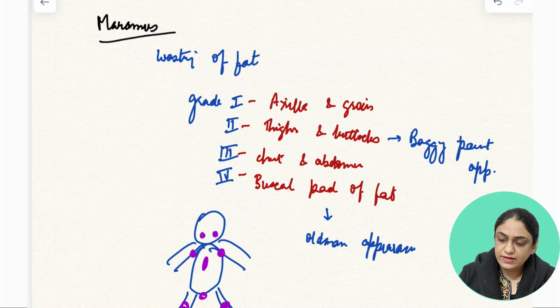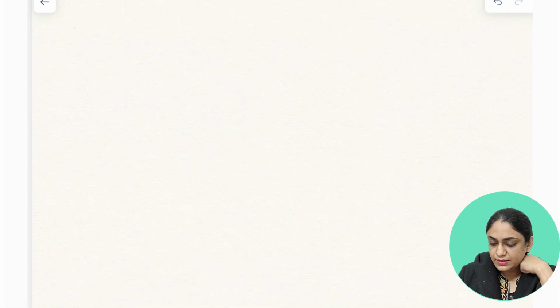When the buccal pad of fat is lost, it is known as old man appearance, because of loss of buccal fat the child looks like an old man. So axilla and groin is grade 1, then thighs and buttocks is grade 2, then chest and abdomen grade 3, and finally grade 4 is face.